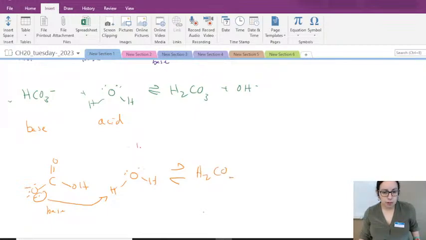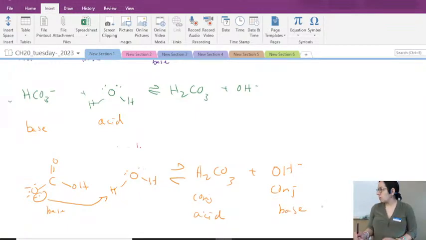And then this formed our carbonic acid. What is this called now? So conjugate acid, perfect. And of course that leaves us with hydroxide, which we know is a base, so we can call it our conjugate base. Questions about that one?